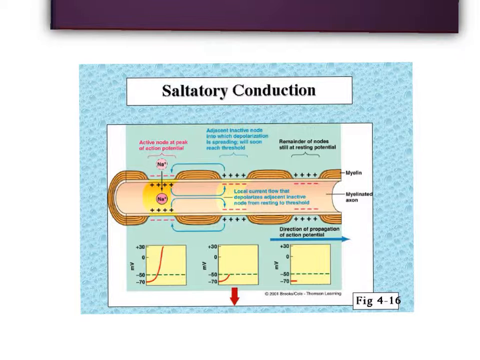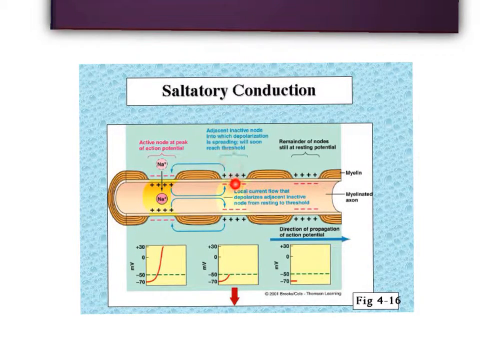I've got a diagram which shows my action potential being achieved here, and then the local current, those sodium ions, diffusing right across the length of this Schwann cell and causing a depolarization at the next node of Ranvier, and then it jumps to the next one.